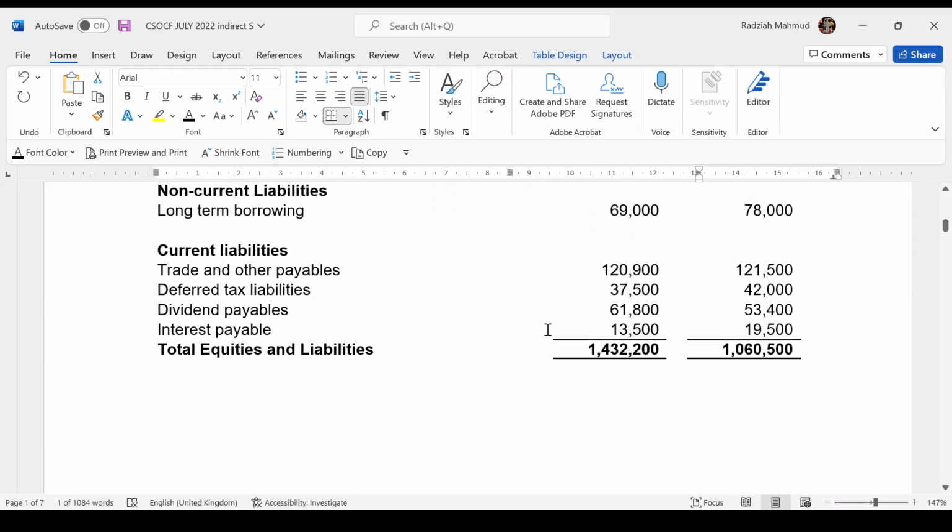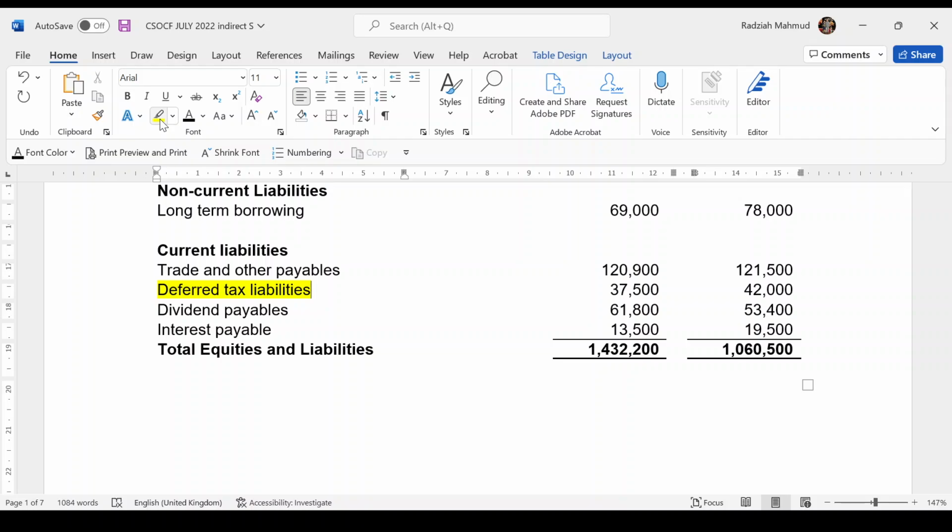And the last one is deferred tax liabilities. When we talk about deferred tax liabilities, it means we talk about tax. From what you have learned previously, for tax, we have 2 types of tax. The first one is what we call income tax, the second one is deferred tax.